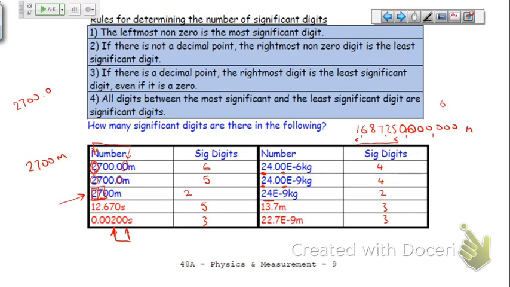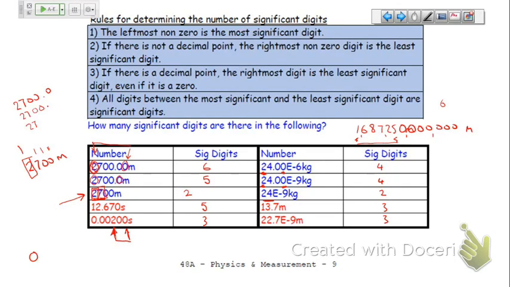And it's not going to be tens, because that would be 27. It's got to be that that's the size of my smallest division. It's not units, it's not tens, it's not hundreds, that's thousands.